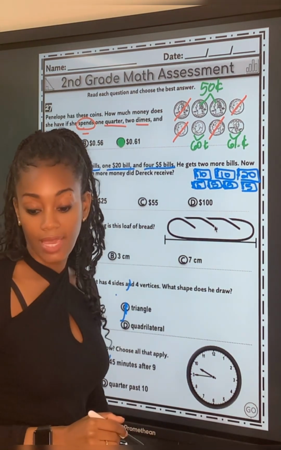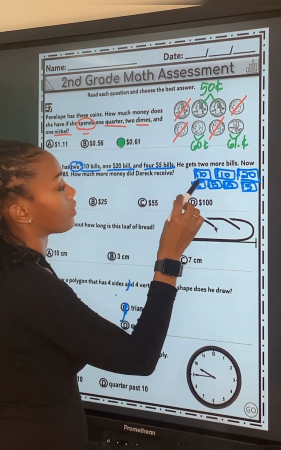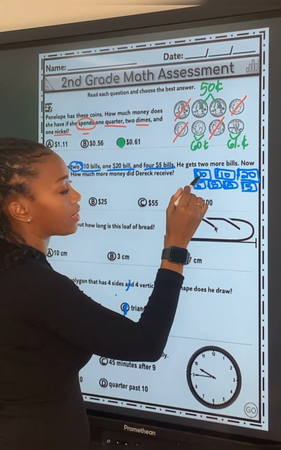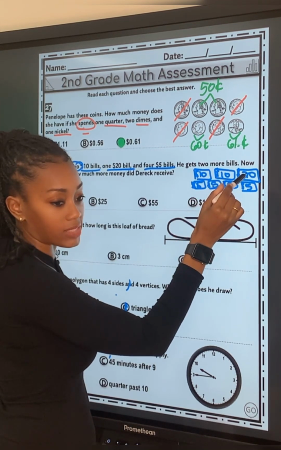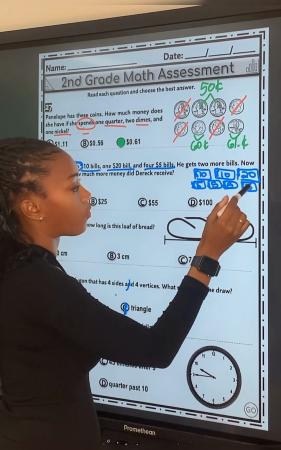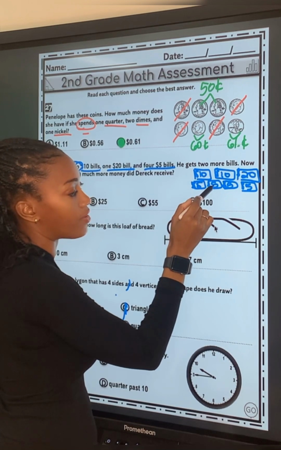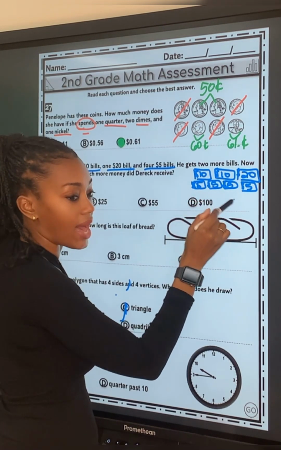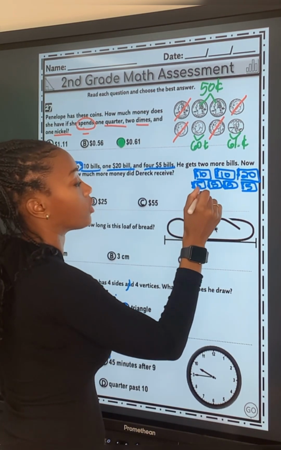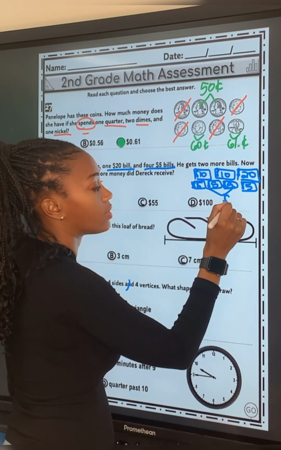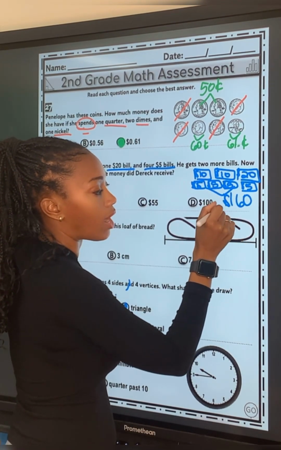Now we have to count them all together. Ready? That's 10, 20. What's 20 plus 20? 40. 40, 45, 50, 55, 60. So all together we have $60.